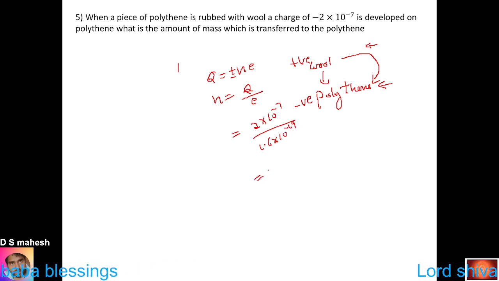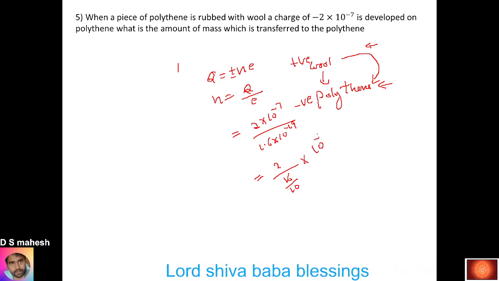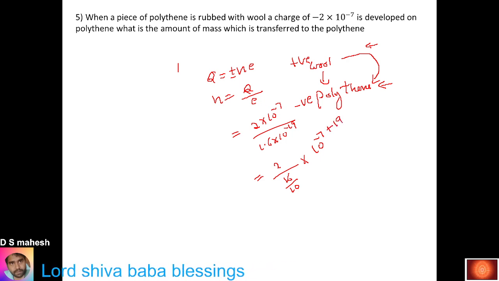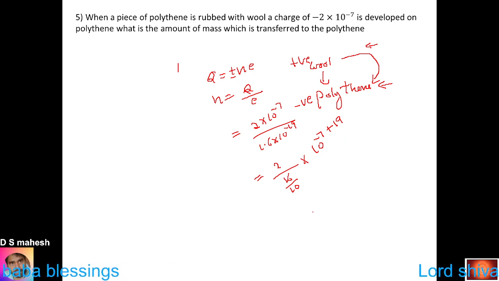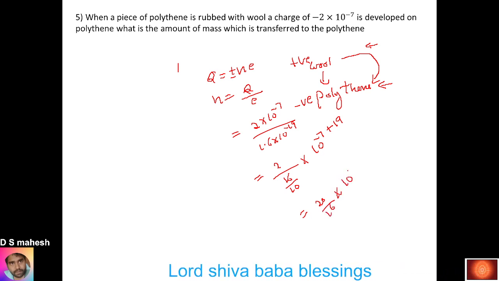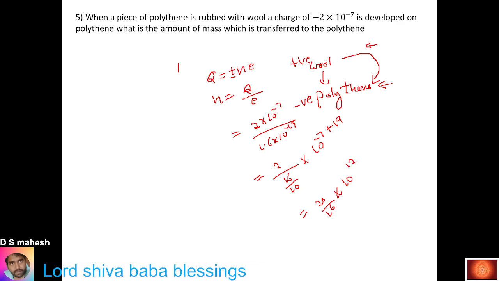So again make use of the same thing. 2 can be written as how much? 16 by 10. So this is 10 to the power of minus 7. When minus 19 goes above, this becomes plus 19. So you can look over here, 2 into 10, that would be 20, divided by 16 into 10 to the power of 12.